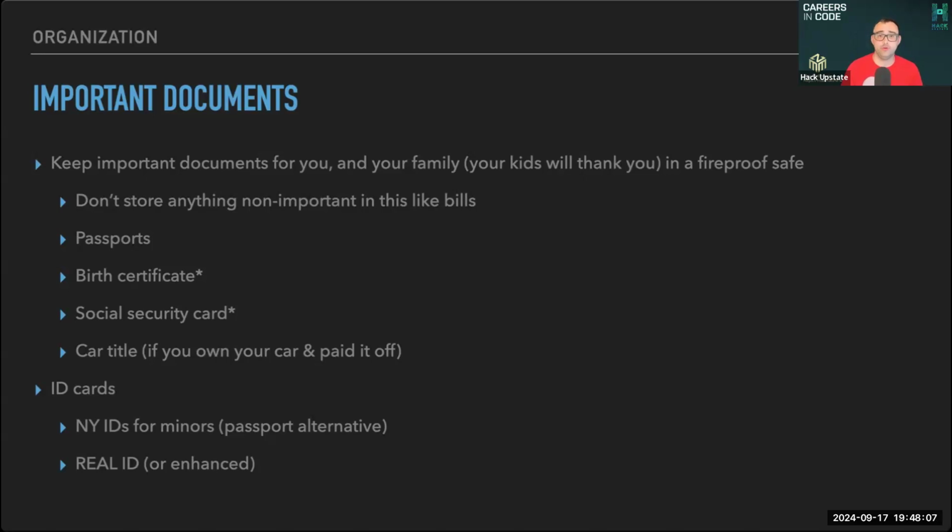If you already have a New York ID or driver's license, it fulfills a lot of your points requirements. But the New York DMV website has a really good tool, "figure out my supporting documents," and it will give you a whole list of things that you can check off to make sure that you have all the points and all the documents that you need before you go in there.